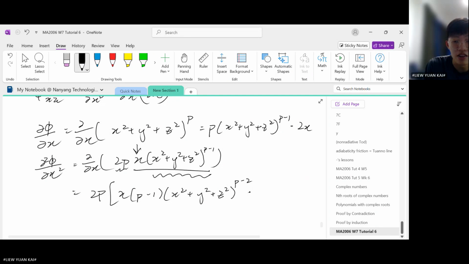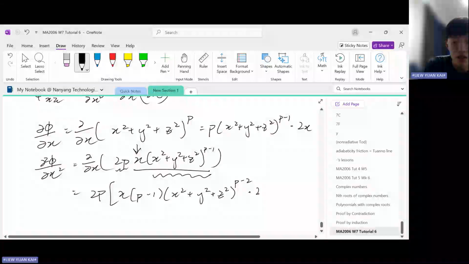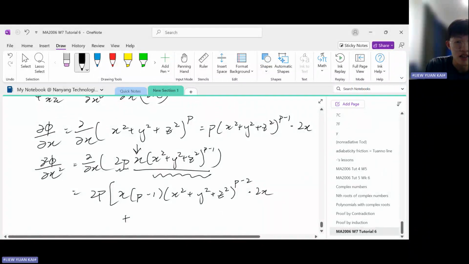If I differentiate this with respect to x, it will be 2x. Plus now, differentiate x will become 1, times the differentiation of this will be like so.